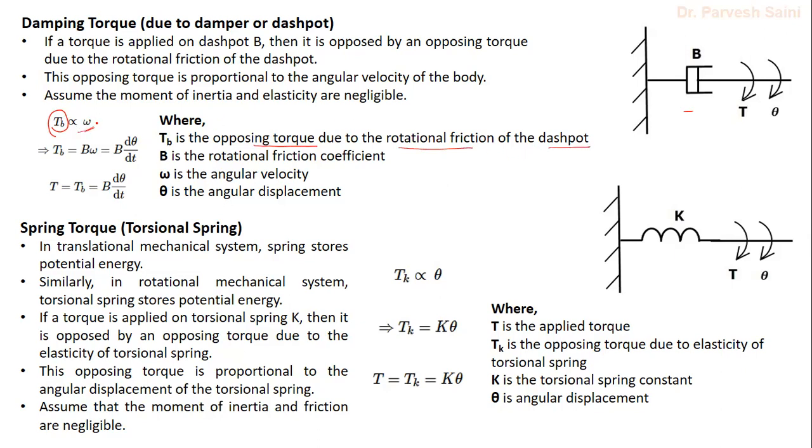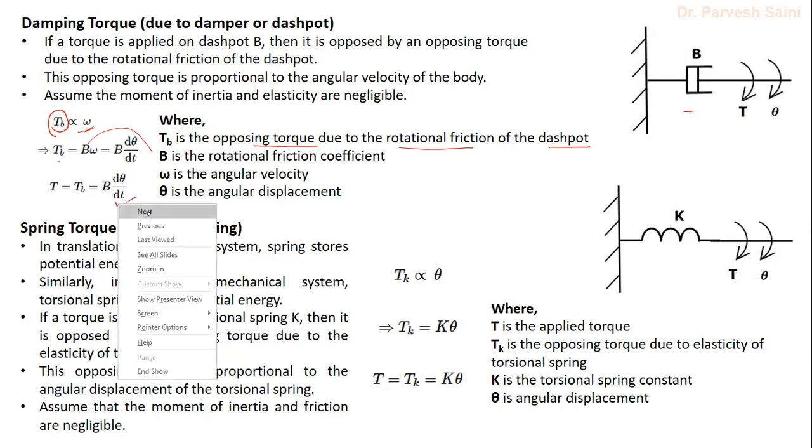It is directly proportional to the angular velocity of the body. So TB is B into omega, where B is the rotational friction coefficient, and omega is the first derivative of angular displacement, d theta by dt. So TB is equal to B into d theta by dt. So T is equal to TB is equal to B d theta by dt. So this is the equation, right?